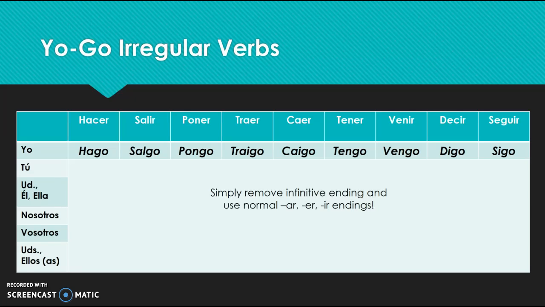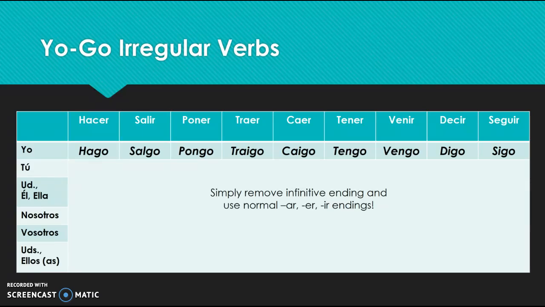Again, it's only the yo form that is irregular. Every other form, you go back to the original infinitive, drop the AR, ER, IR, and then add your appropriate ending. So, I've grouped these together. Hacer, salir, and poner, straight yo-go verbs. Hago, salgo, pongo. Traer and caer have a little twist to them, where they become IGO. Traigo, caigo.